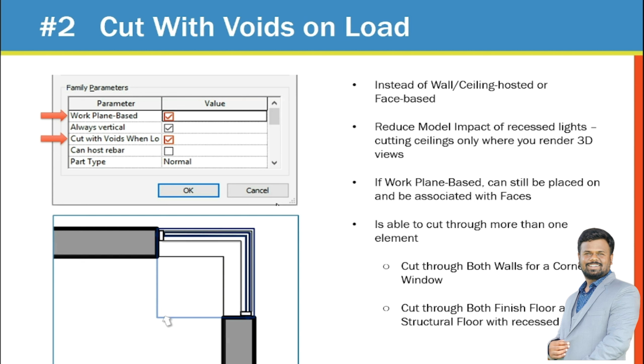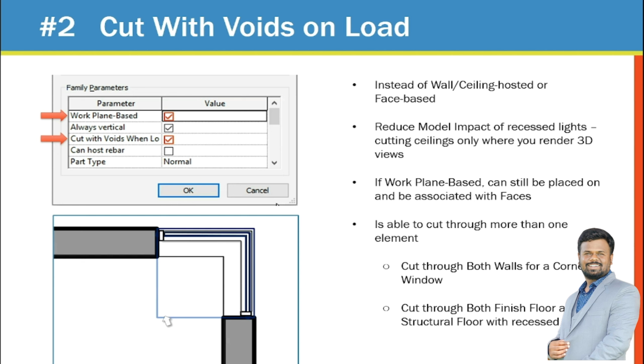The issue with these I've found is twofold. One, it can only cut through the main host family. So if you've got a plumbing chase that is made of 2 walls and you have a face-based family or a wall-based family, it'll cut the one wall that you've put it in, but it's not going to be able to cut through the other side made from a second wall.